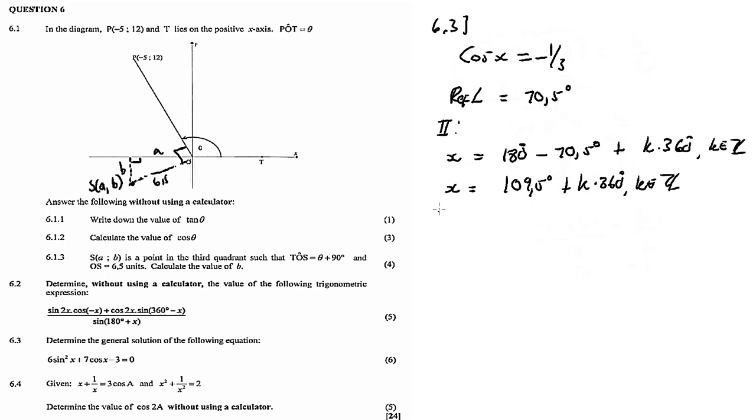And then for the other solution, where is cos negative again? Negative also in the third quadrant.